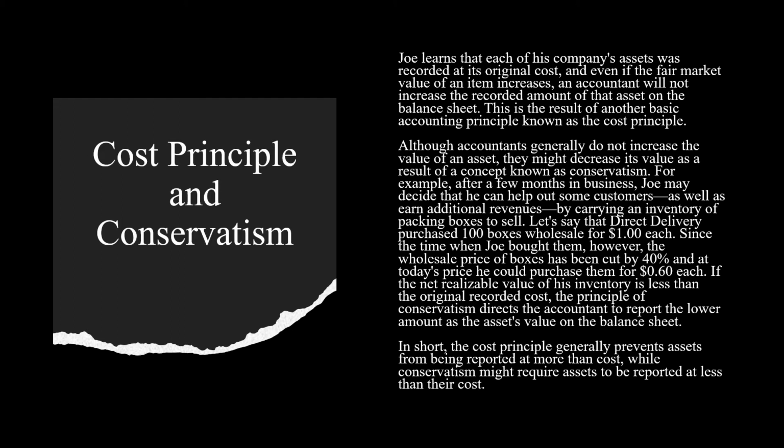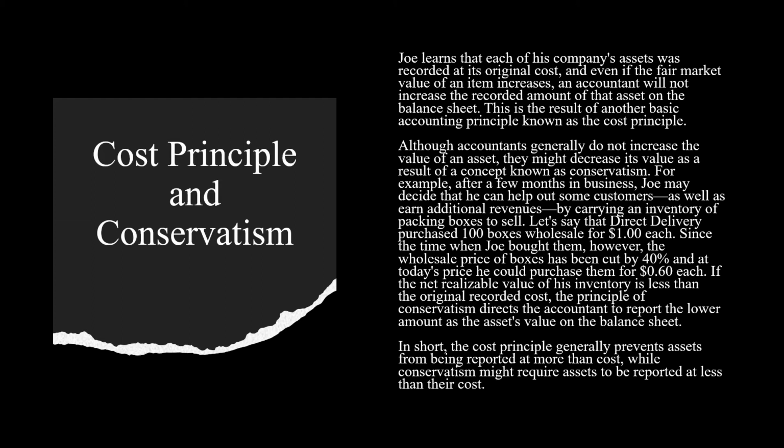For example, after a few months in business, Joe may decide that he can help out some customers, as well as earn additional revenues, by carrying an inventory of packing boxes to sell. Let's say that Direct Delivery purchased 100 boxes wholesale for $1 each. Since the time when Joe bought them, however, the wholesale price of boxes has been cut by 40%, and at today's price, he could purchase them for 60 cents each.